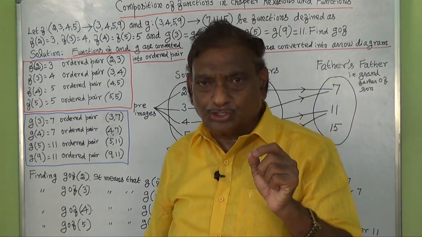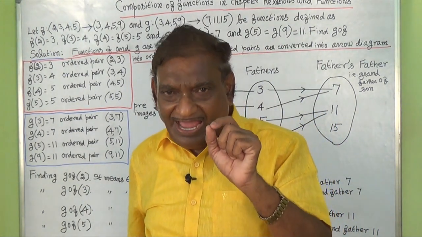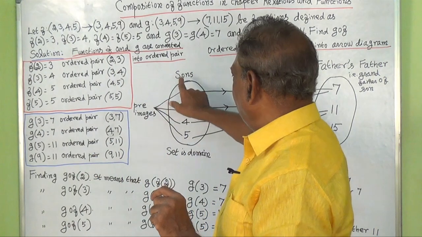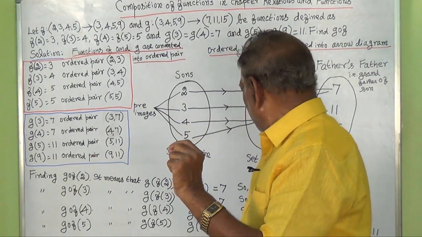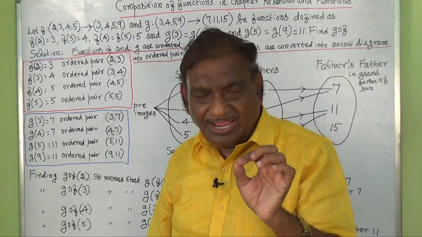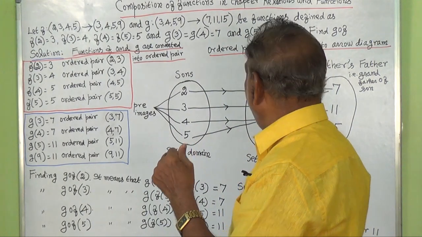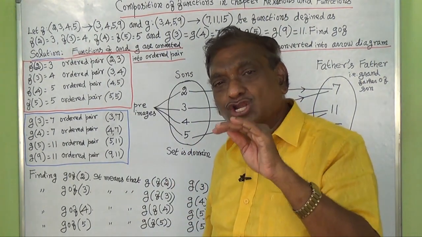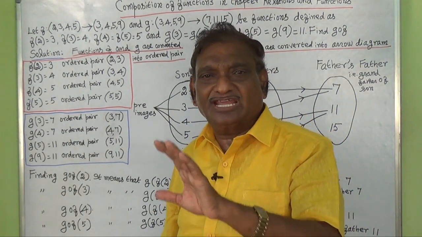We are going to imagine the domain as the set of sons. We are going to imagine the codomain as the set of fathers. Another set is also written, that is the father's father set.